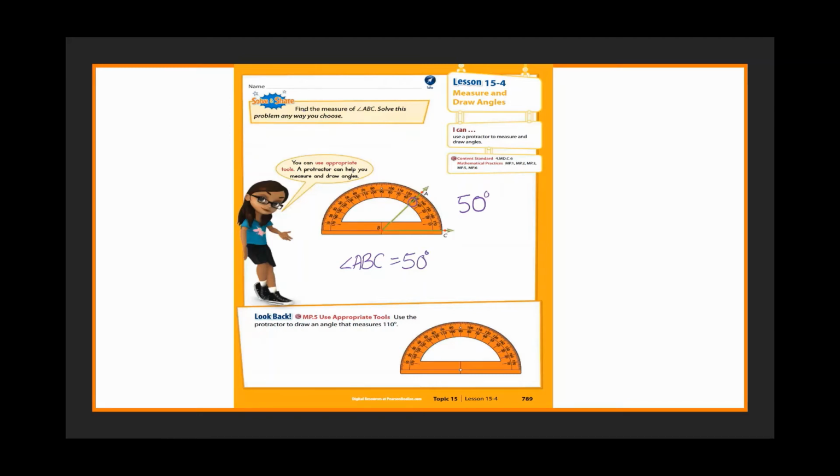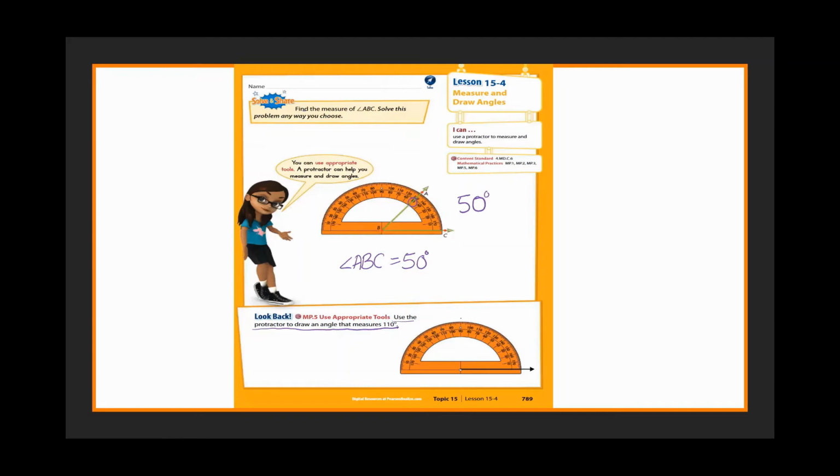Okay? Now next, use the protractor to draw an angle that measures 110 degrees. So first we will start by drawing a ray. Here is a line that starts from 0 degrees. And then we will take our measurement 110. We know that 110 is an obtuse angle because it is greater than 90 degrees.